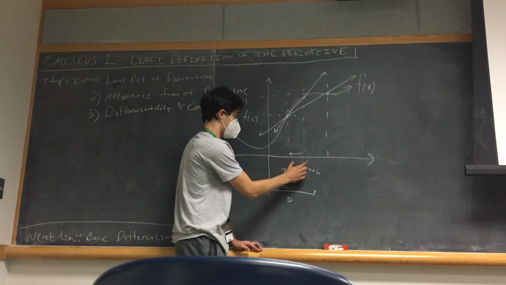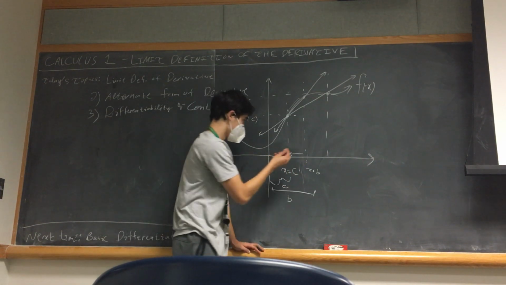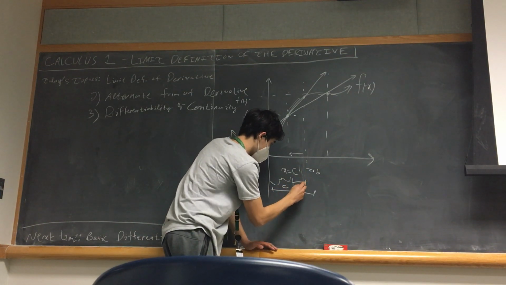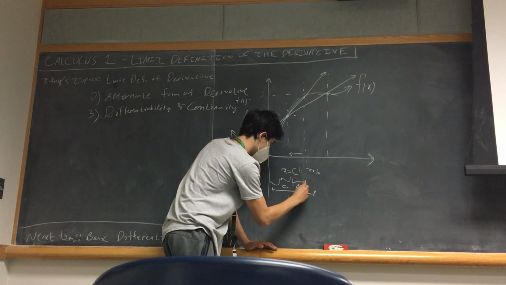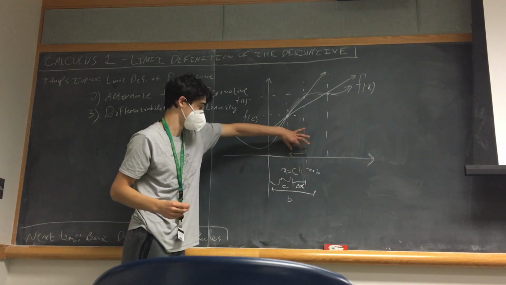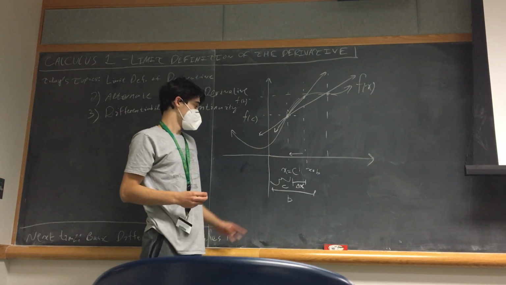So that the distance between these two points, we'll call this distance here, between x equals c and x equals b, delta x, the change in x, like the distance between the two points is delta x.